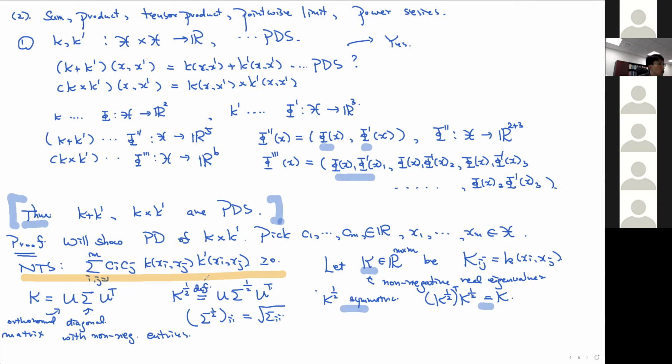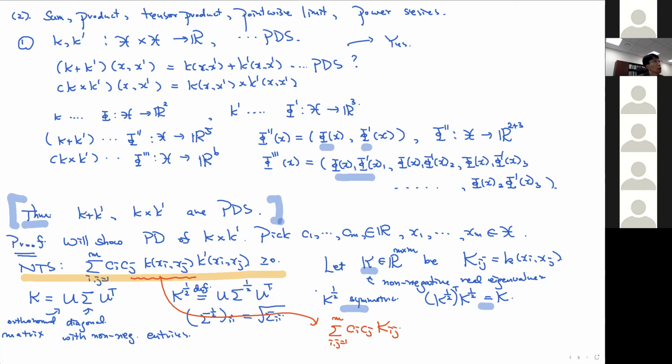So we go back to what we have to prove, which is this term. We map it to this term here and rephrase it in terms of the matrix K. If you use matrix K, that's the sum over i, j from 1 to m of ci, cj, and Kij.